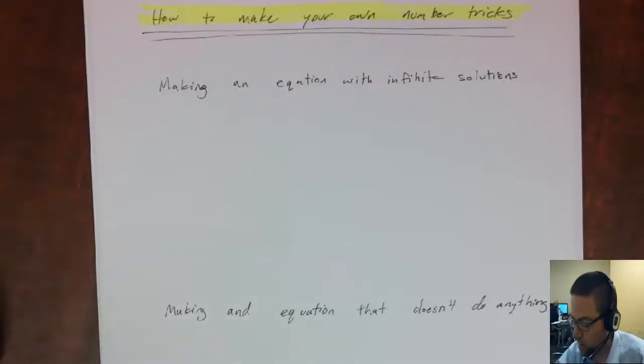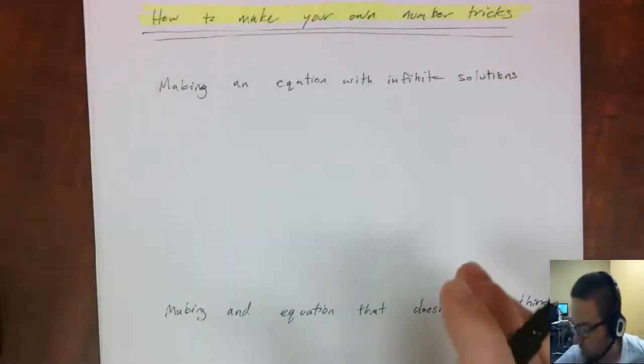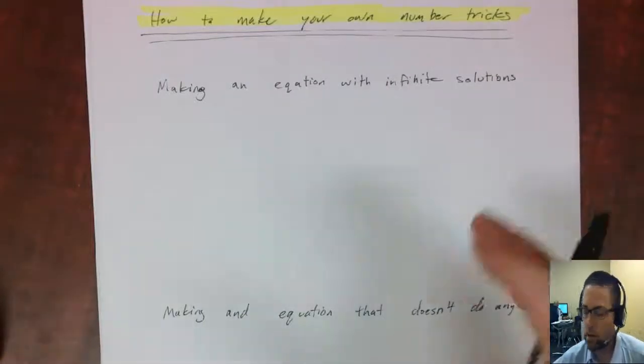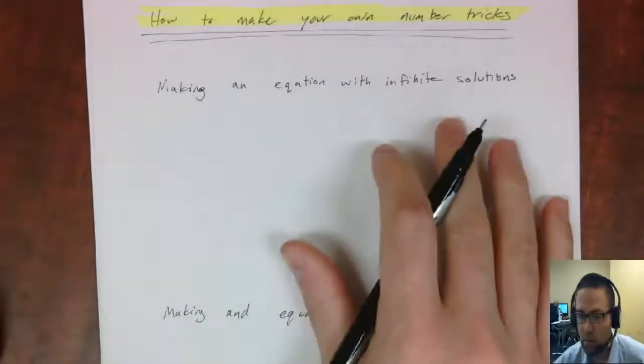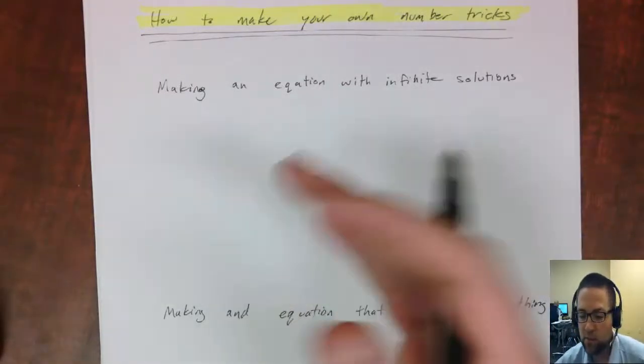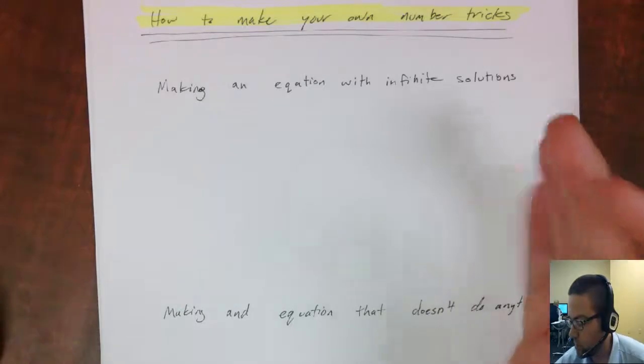Okay, so now we're going to make our own number tricks, and there's kind of two interesting types of number tricks you could do. You can make something that has an infinite number of solutions, so that whatever number they put in, it always comes up with the same result.